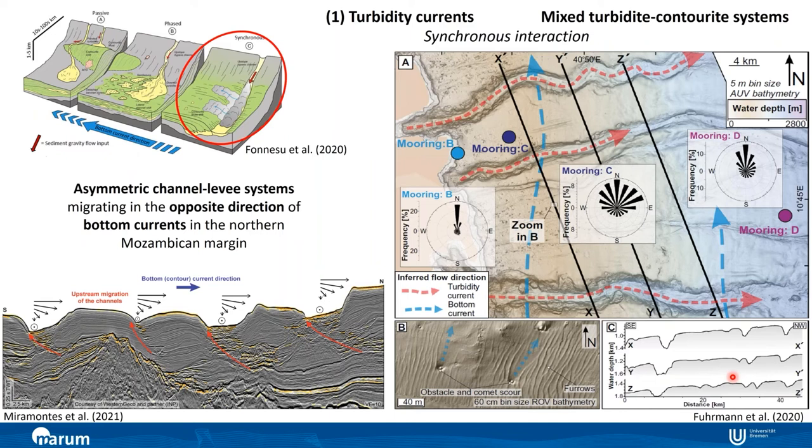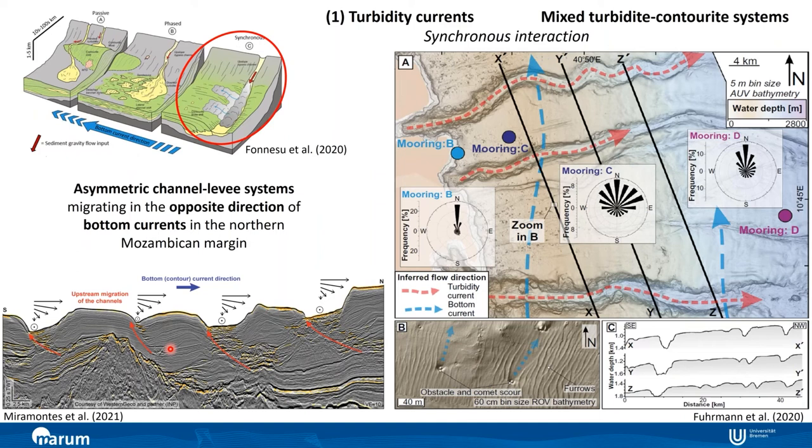So that corresponds on the seismic here on this side. So we have this contour current that is pushing, like in the sketch, part of the turbidity current to one side. So we have mainly the deposition on this side. And these systems typically migrate in the upstream direction of the contour current.